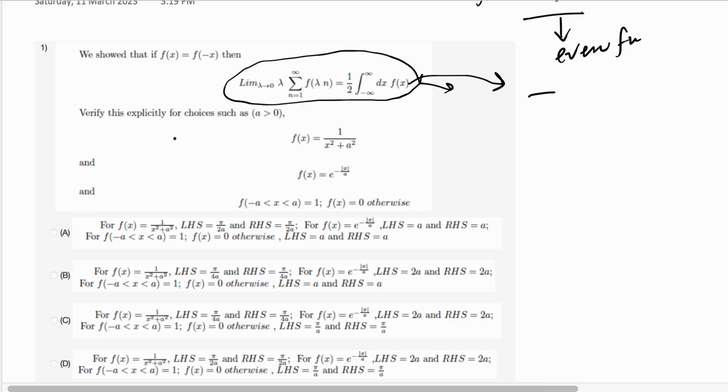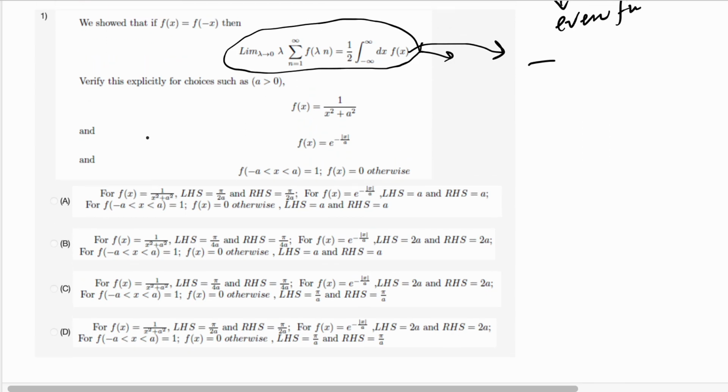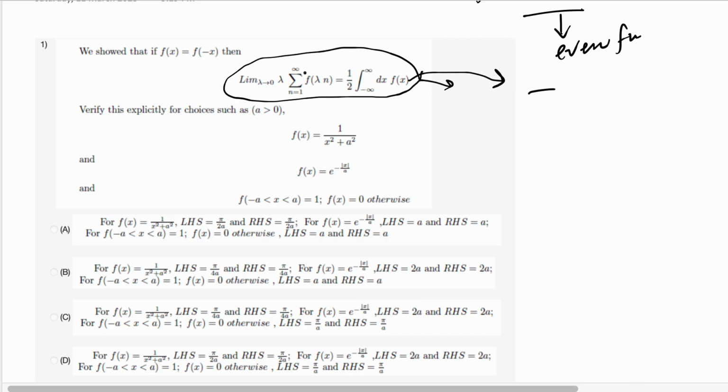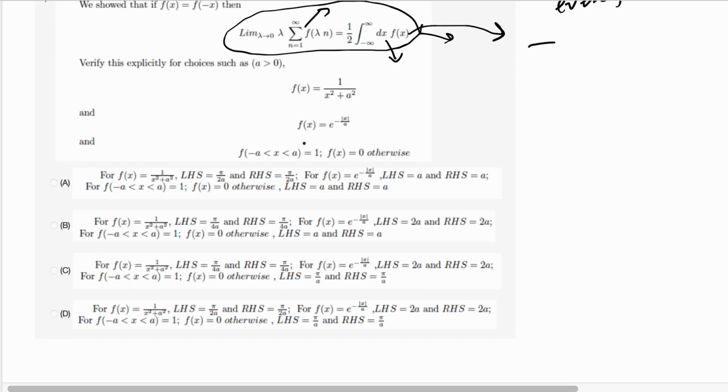Now the question asked here is: suppose we have a function f(x) which is 1 by x squared plus a squared, which is a symmetric function. We have to explicitly check that the summation and the integration both give the same result. So let's start.